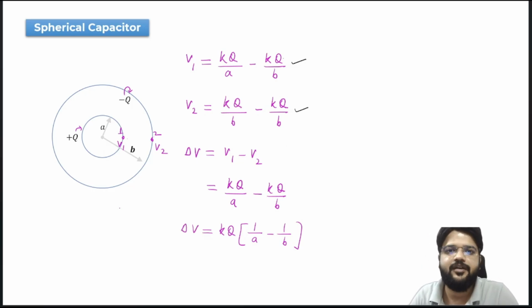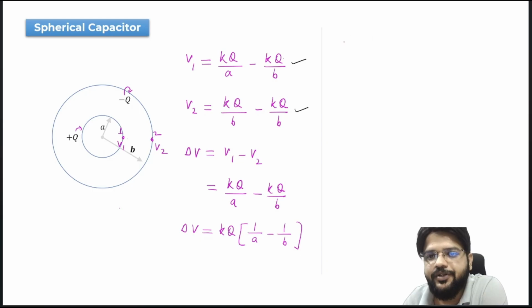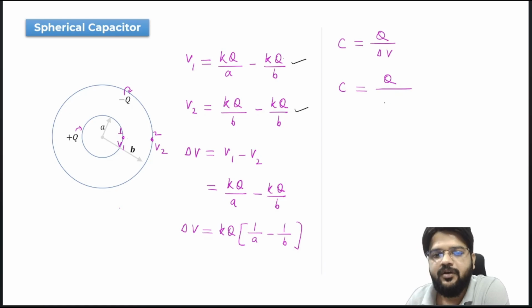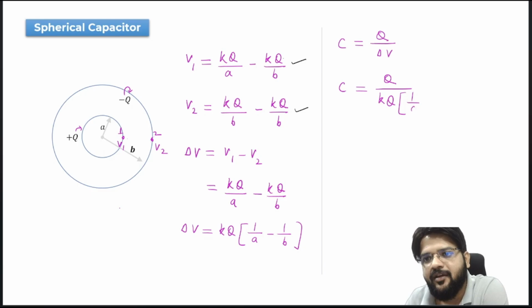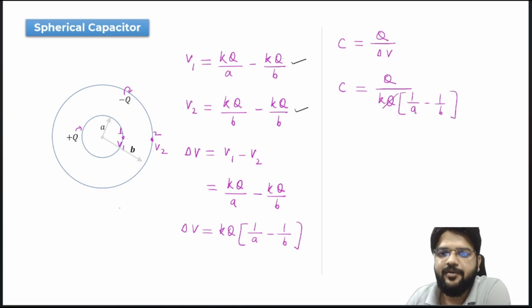Now the next thing is, we want the capacitance. According to the definition of capacitance, capacitance can be written as Q by del V. So what is the value of del V? It is KQ times 1 by A minus 1 by B. Here Q is cancelling, correct?